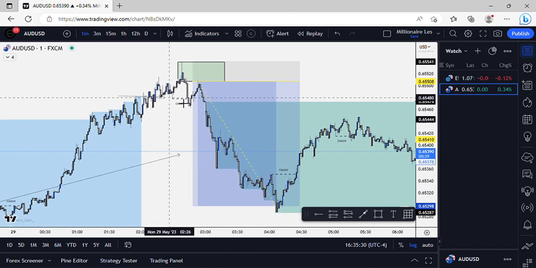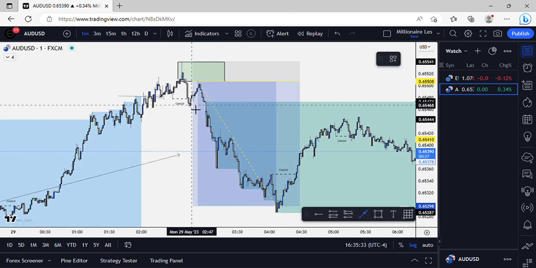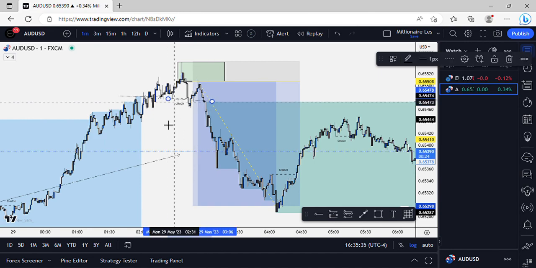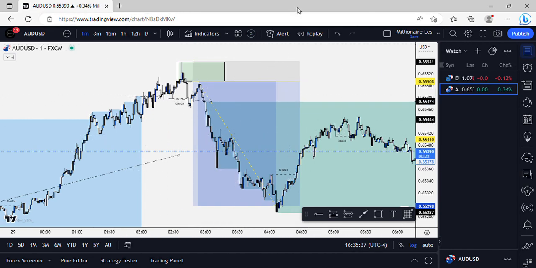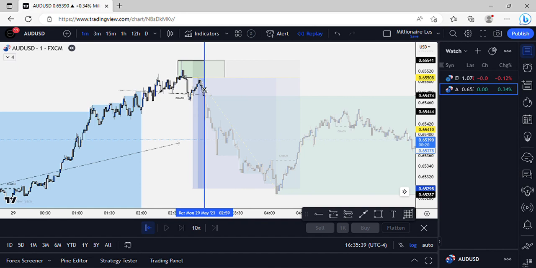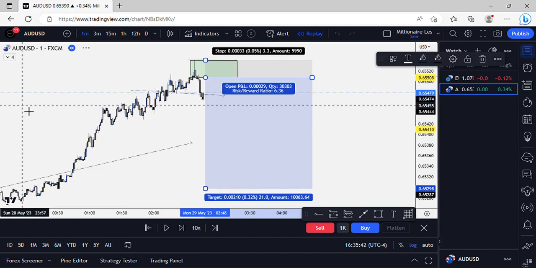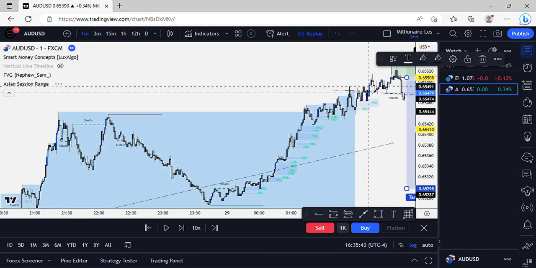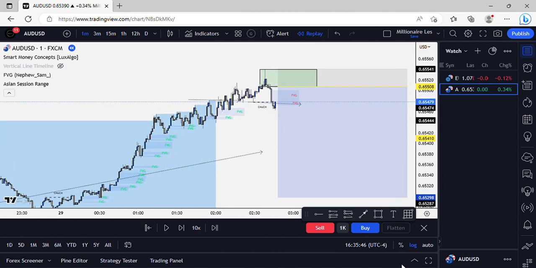Boom, I set my alert for a change of character right here. As soon as I had that change of character, I'm going to reverse it up. I put on the fair value gap, which is right here.